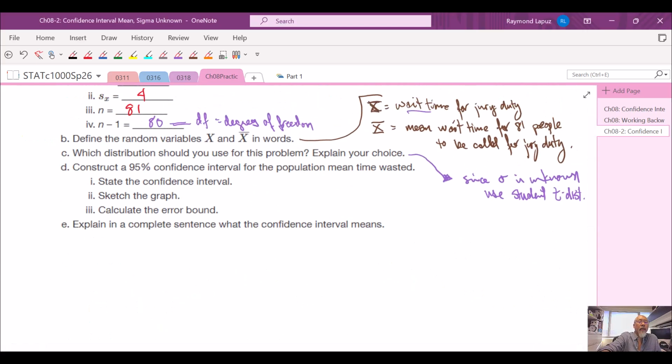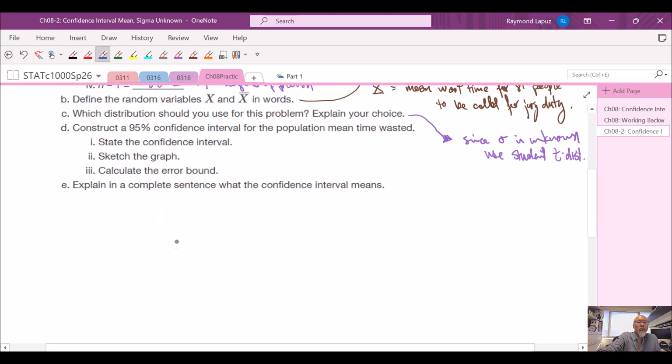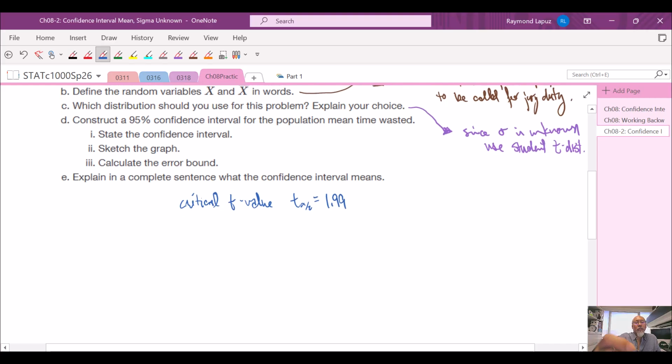And here we have state the confidence interval. Well, let's write down a few more things before we actually write the confidence interval. Your critical t-value, t sub alpha over 2, is equal to 1.990. They didn't ask for that, but let's just say that's good information to have.